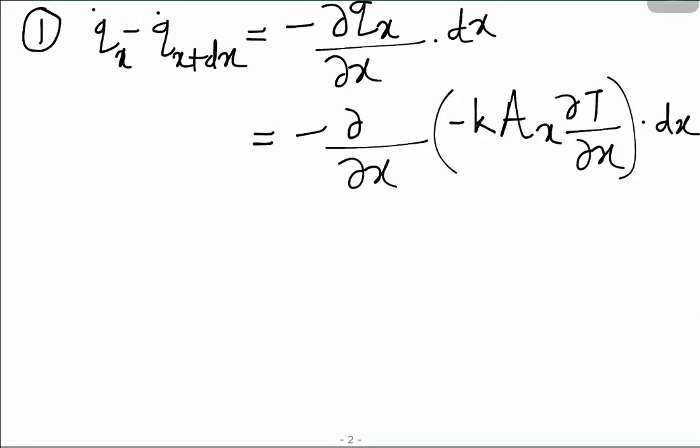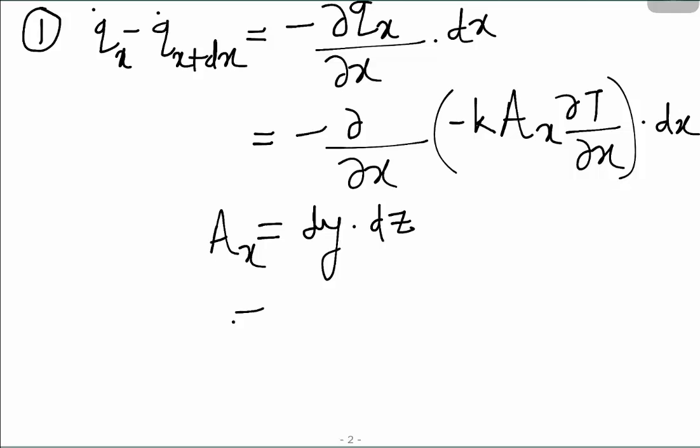What is our area Ax? Ax is equal to dy into dz. Now area Ax can be constant as well as it can be variable. Right now I am assuming that it is variable.